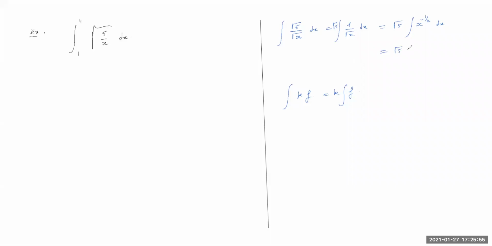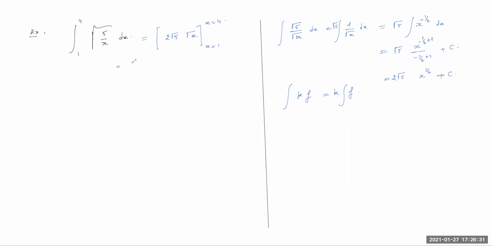It's just x to the power minus 1 over 2 plus 1, over minus 1 over 2 plus 1, plus a constant, times the constant square root of 5. Here you have x to the 1 over 2, so you divide by 1 over 2, which gives 2, plus a constant. So finally, your antiderivative here is the function 2 square root of 5 times square root of x, x to the power 1 over 2, and take the difference between these two values.